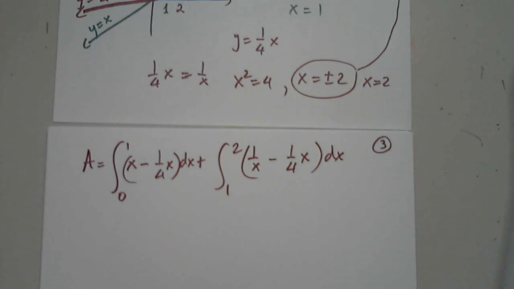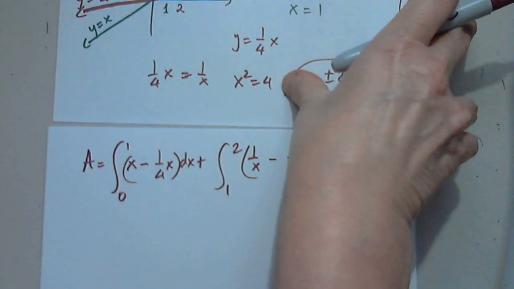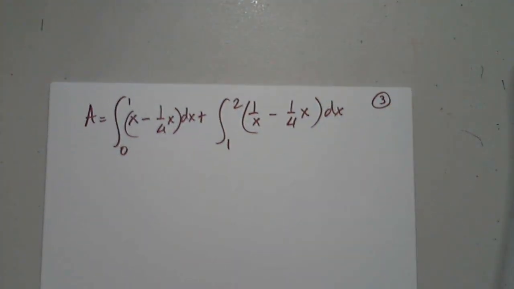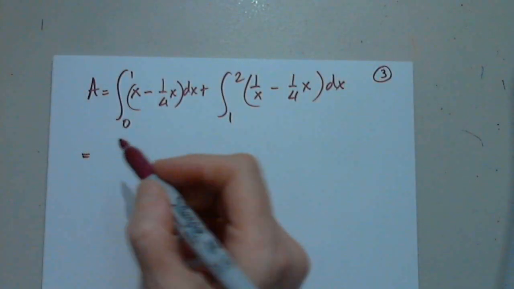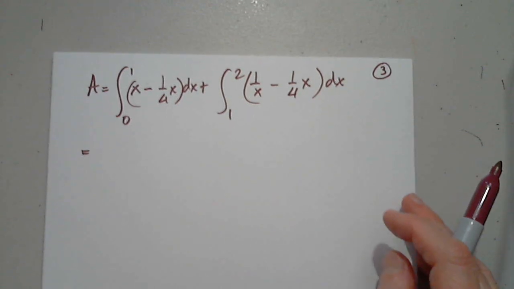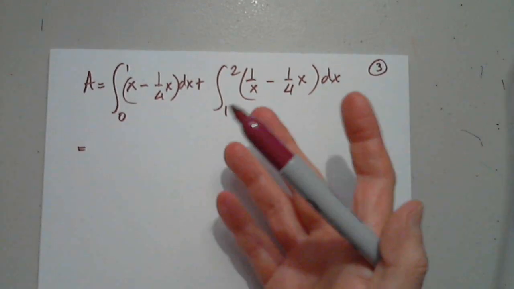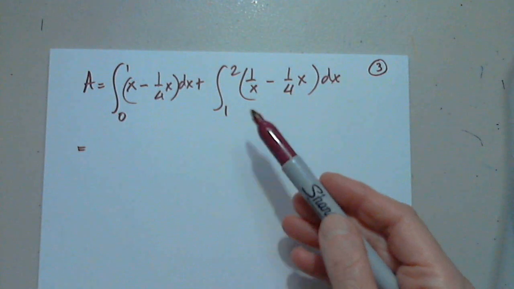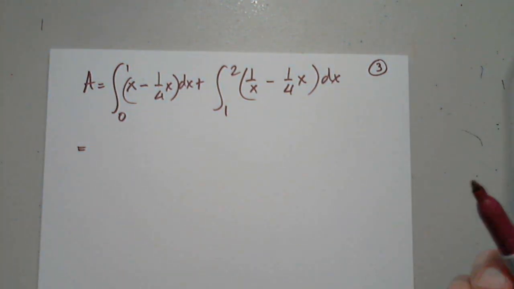At this point, all I have to do is find the antiderivatives, and the rest, if it's just arithmetic, then we can use the graphing calculator. If not, then at least maybe one or the other can be determined quickly with a graphing calculator.